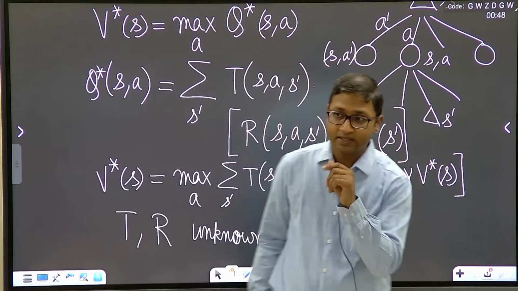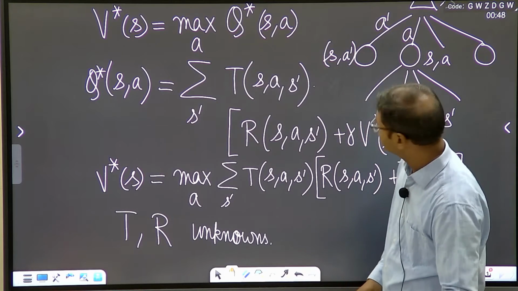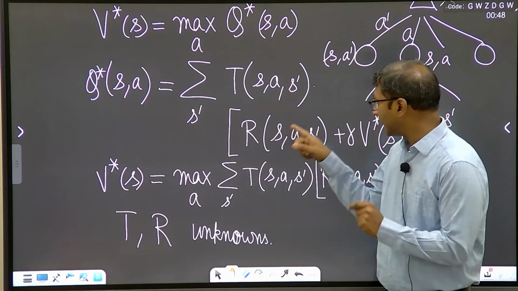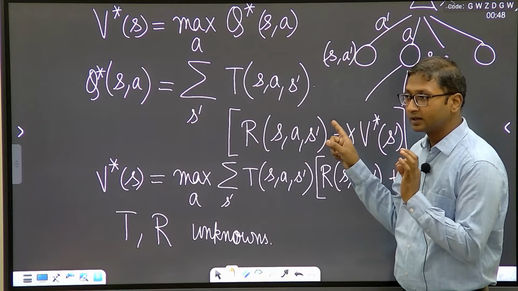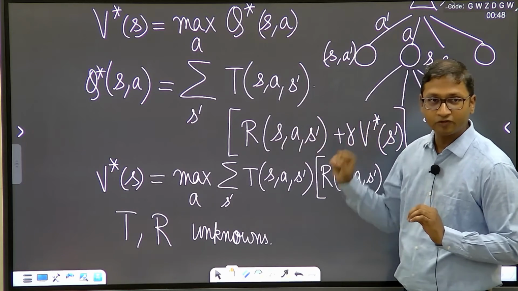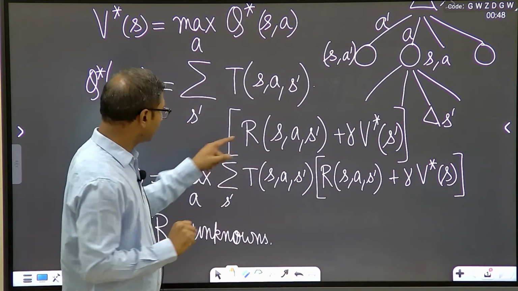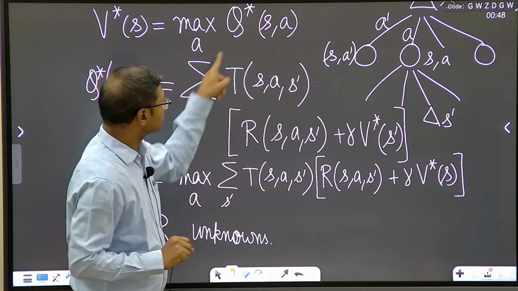What is T? Transition probability that you will end up in state S prime when you start from S and take action A. So this models that probability.